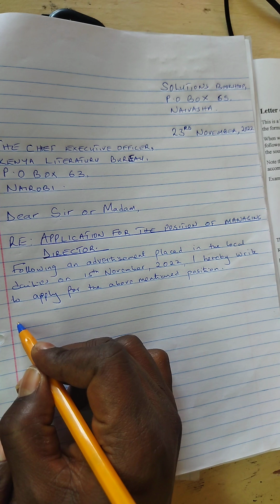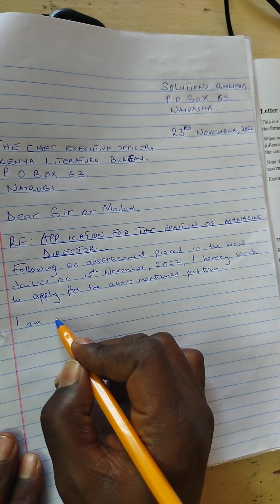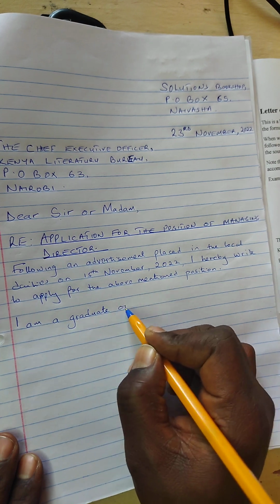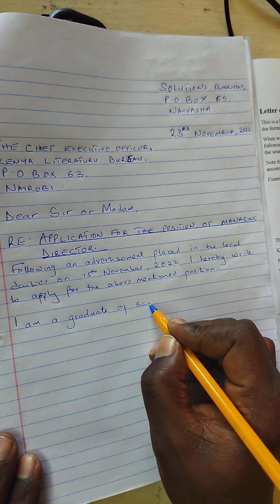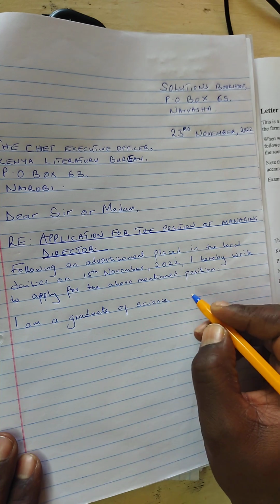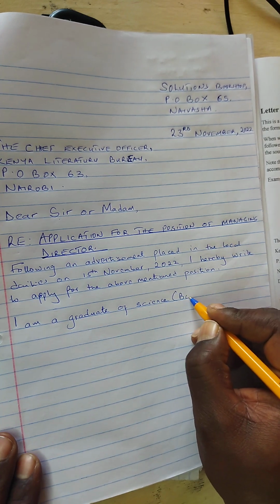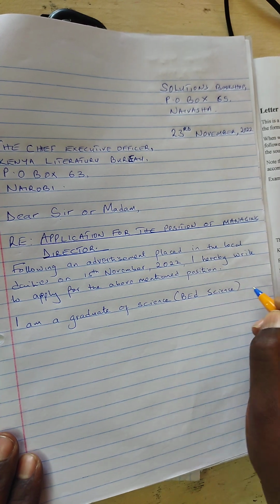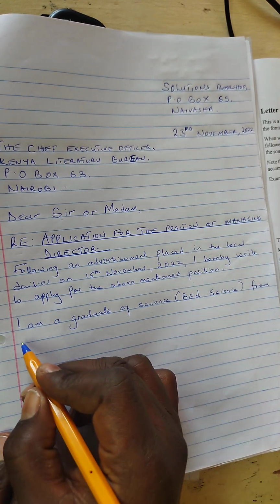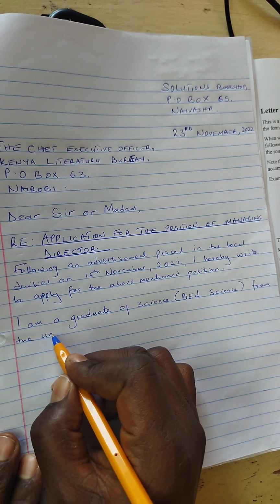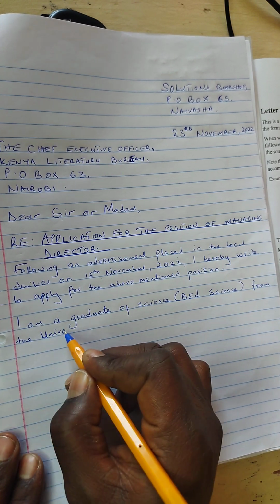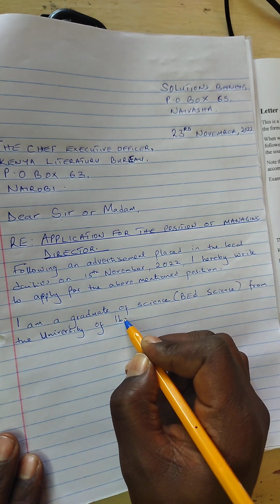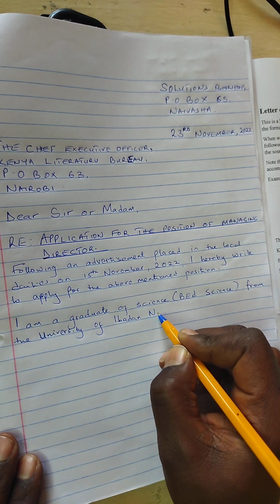qualification. So in this case, you will say, I am a graduate of science, and then you can just highlight what it is. B.Ed Science from the University of Ibadan, Nigeria.